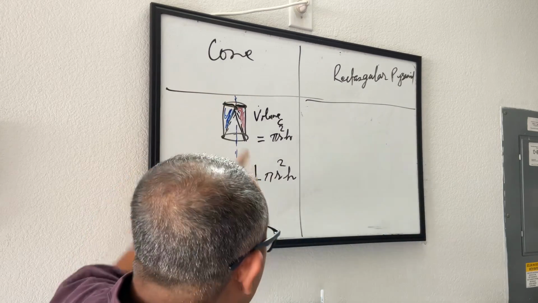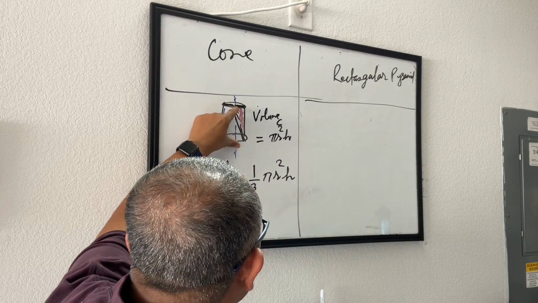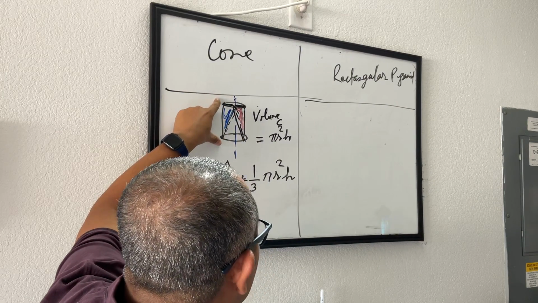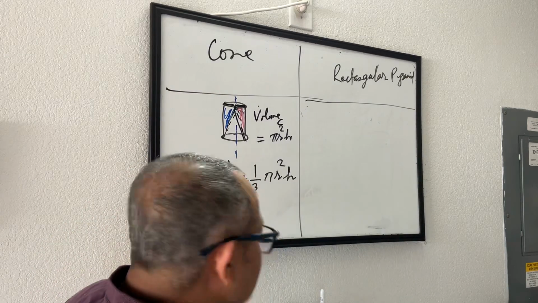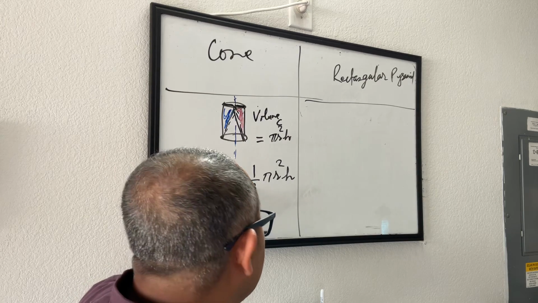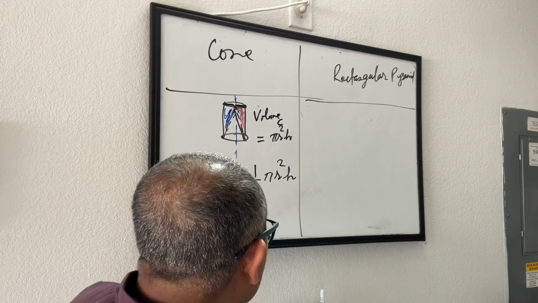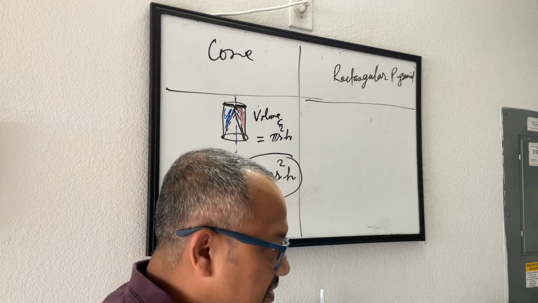And that's why the volume of one cone, which has the same height as the right cylinder, and whose base has the same radius as the cylinder, will be 1/3 of the volume that we'll have for a right cylinder.